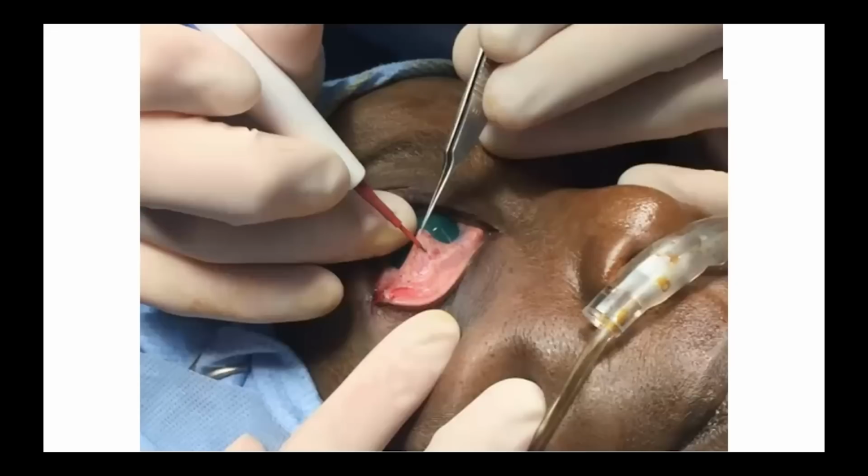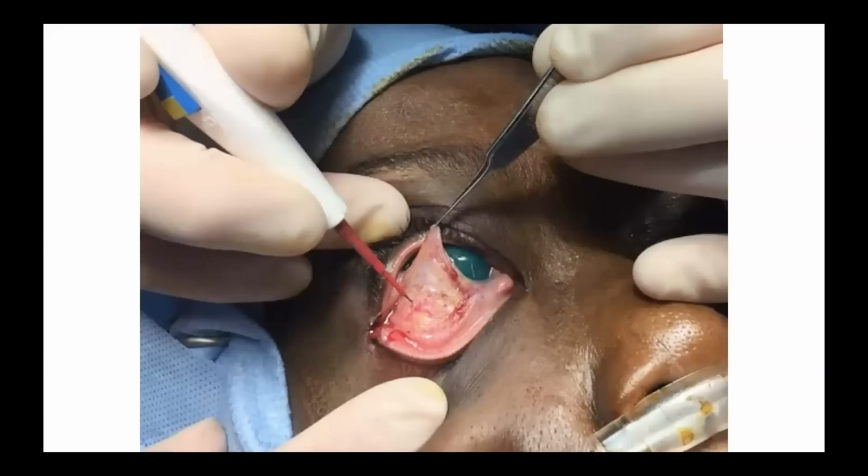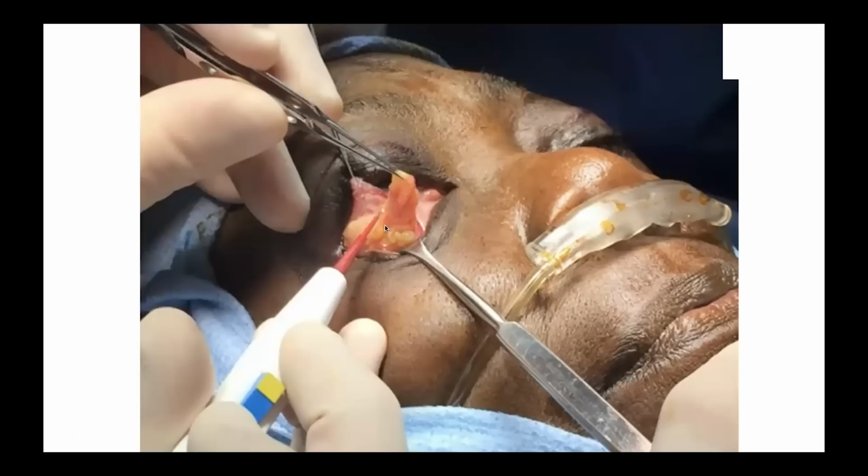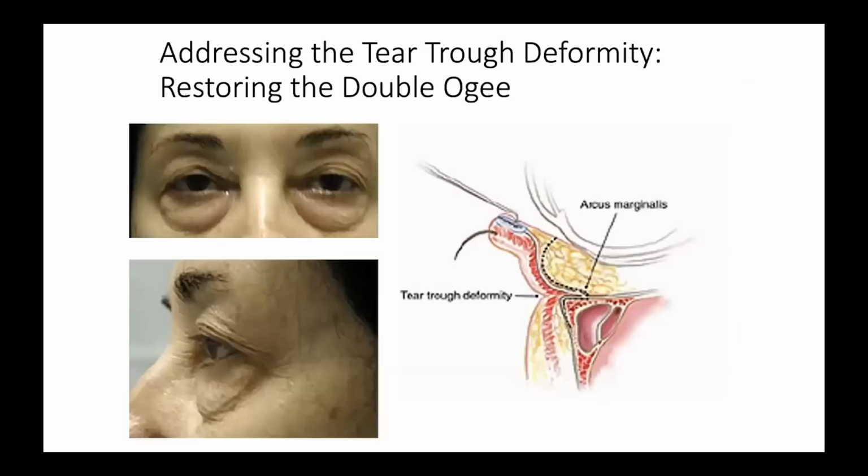And here is going in through that conjunctiva. We're now accessing the orbital fat. We see, okay, here's our orbital fat, that nice yellow fat. And we can actually either trim it or we can create pedicles that we can then bring down into the cheek to actually fill that groove.